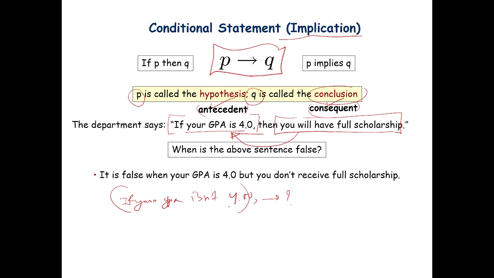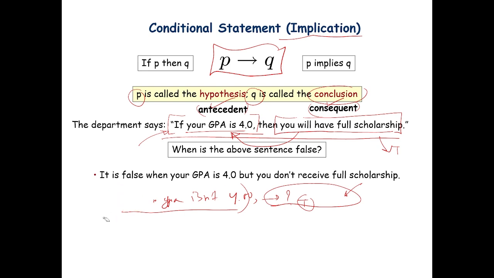So in that case, this full sentence becomes true. Whatever the next portion is, you really don't care about it, because in your actual claim, you didn't say anything about what happens when you don't get a GPA of 4. So this whole sentence is logically true.